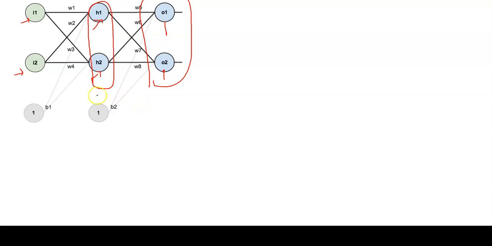And of course, you have the weights assigned for each of these neurons.